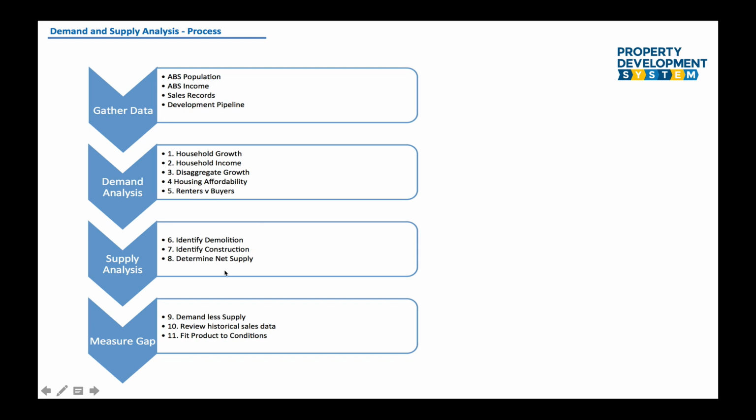You've got to identify construction and determine the net supply. That construction is going to come from your development pipeline, because once you analyze the data and filter everything out, you'll be able to see, okay, two-bedroom units in council right now. If they've already been in council, you'll have a lodge date.